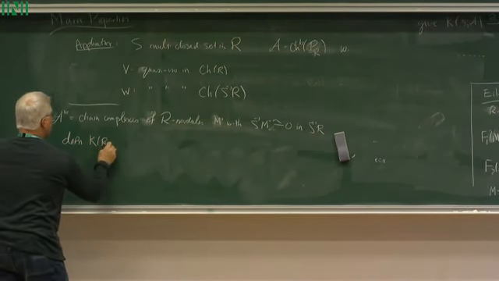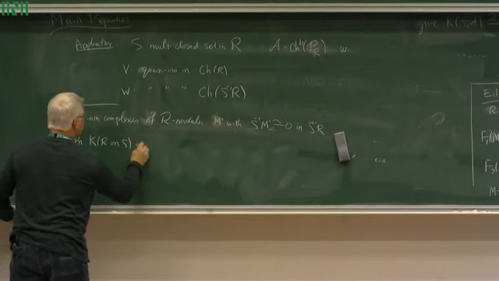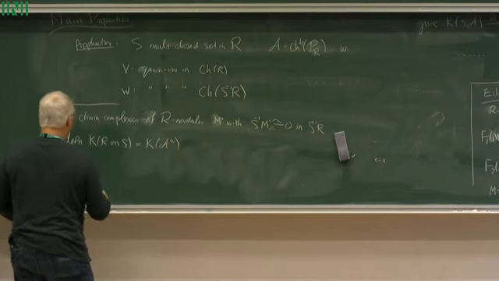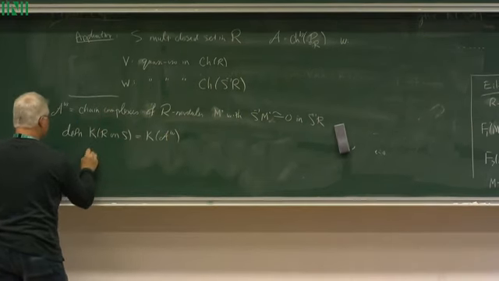K theory of R on S is the K theory of this category. And now you get a fibration sequence.